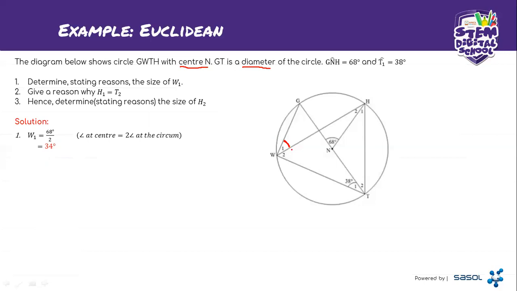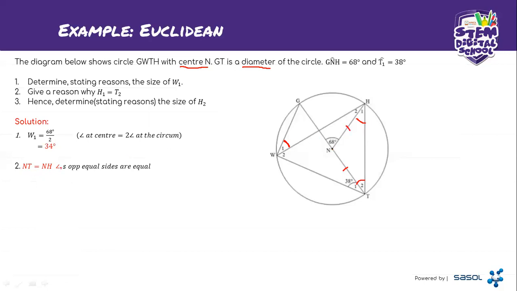All right. And then number 2, give reasons why angle H1, this angle here, is equal to angle T2. Why are those two angles equal? It's because NT equals NH, isosceles.